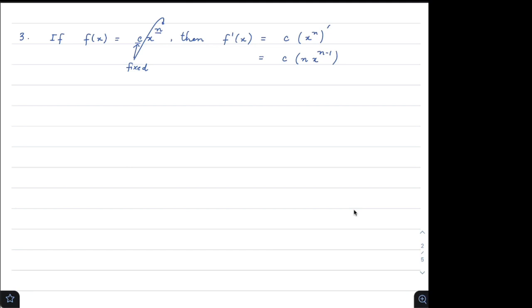Let's consider some examples to understand this rule. Going with the first one, let us say your function is 2 times x to the power 3. Then, when you take the derivative of this function, that is 2 times the derivative of x cubed, which according to power rule is 3 times x squared.